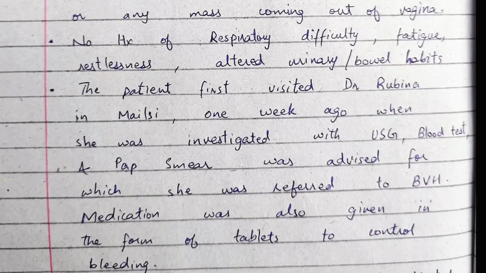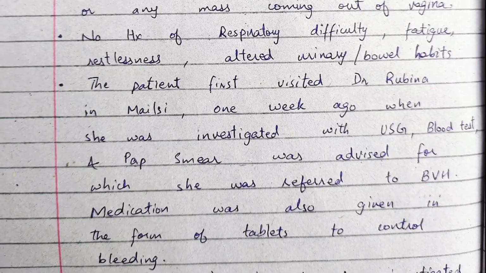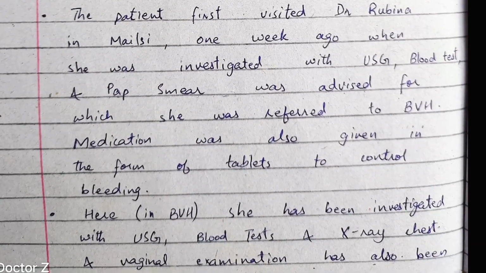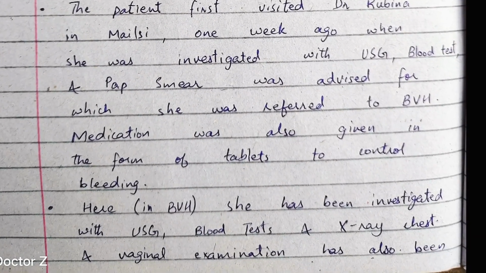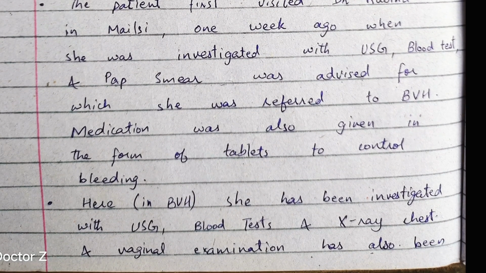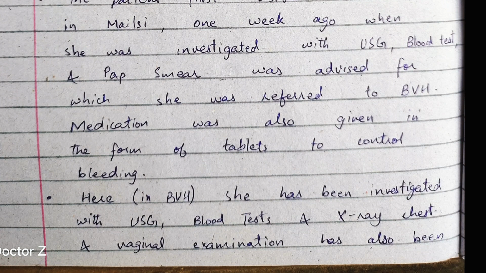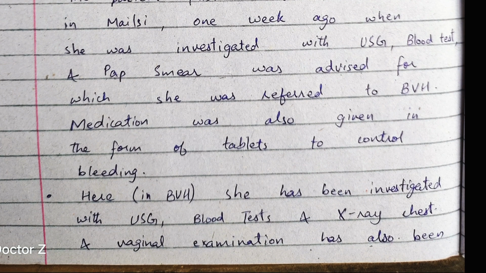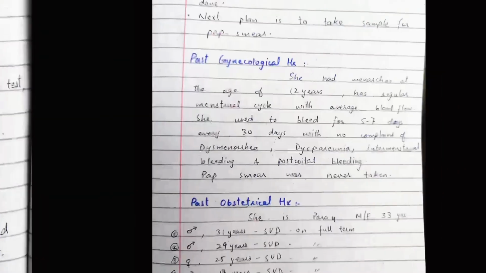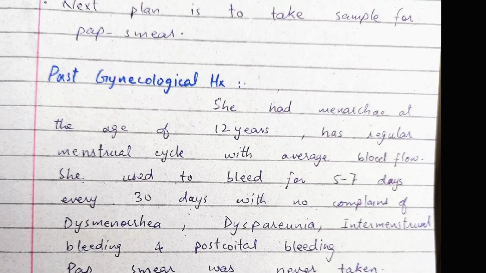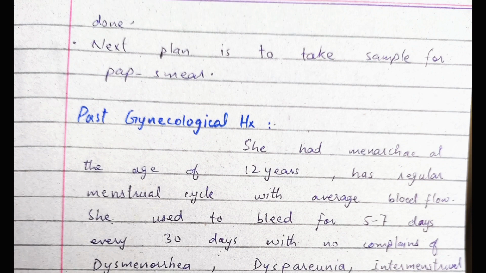Medication was also given in the form of tablets to control bleeding. Here in Bahawal Victoria Hospital, she has been investigated with ultrasound, blood tests, and X-ray chest, and vaginal examination has also been done. Next plan is to take sample for pap smear.